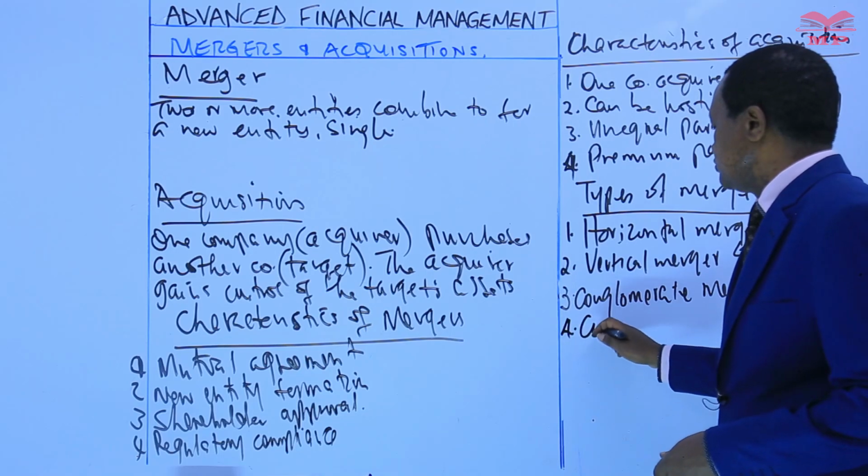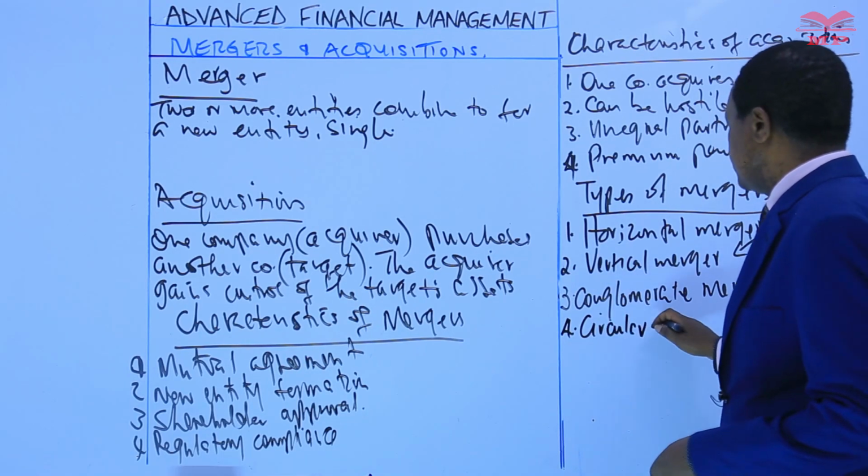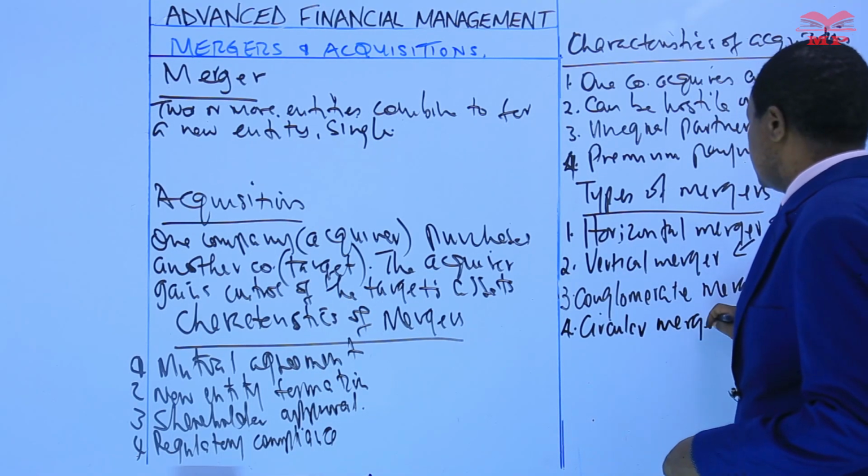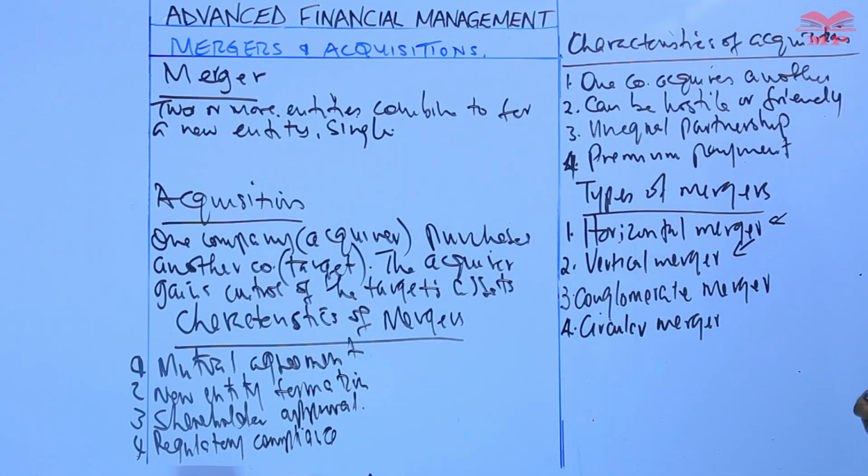Number 4, a circular merger. A circular merger refers to a series of mergers. It is a complex arrangement involving multiple companies merging in a circular fashion.